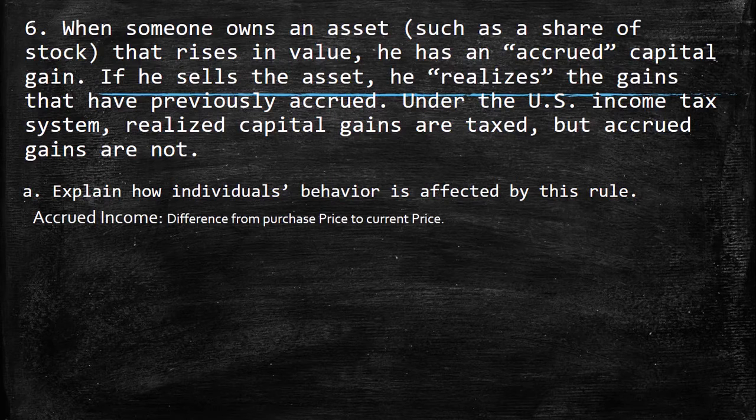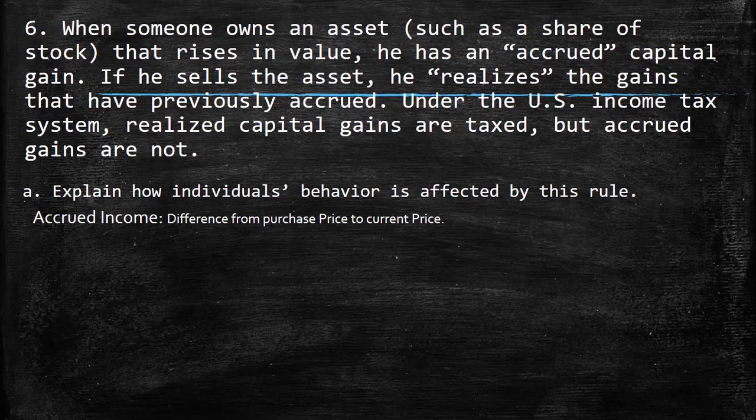So basically, we first need to understand these two concepts. The first one is accrued income. Accrued income is basically the difference between the purchase price and the current price, but you don't sell this stock or this asset, so the gain is not realized.